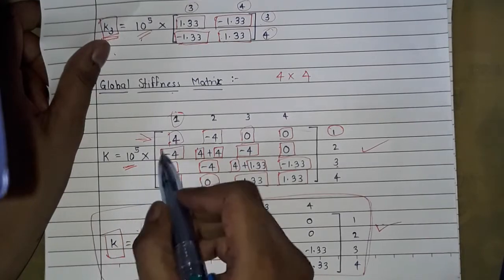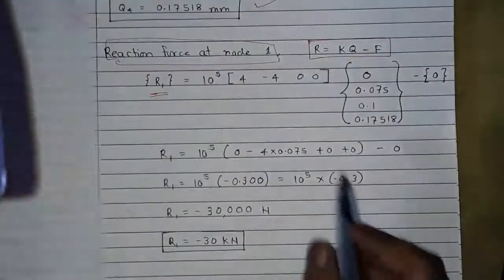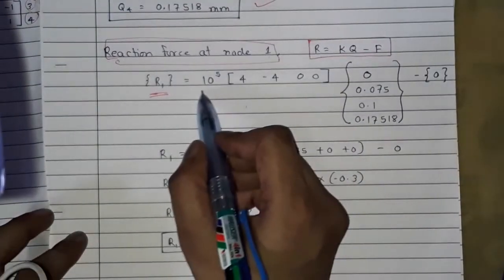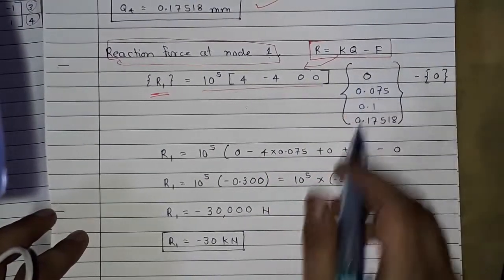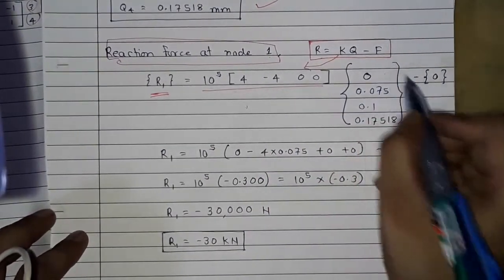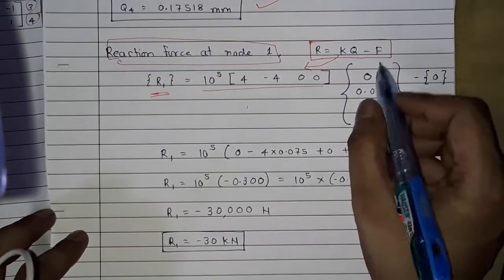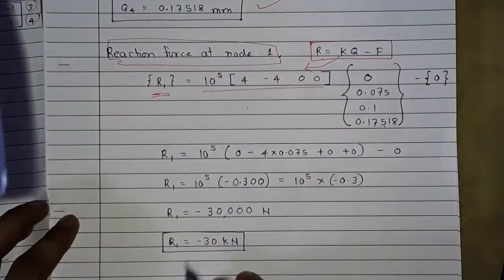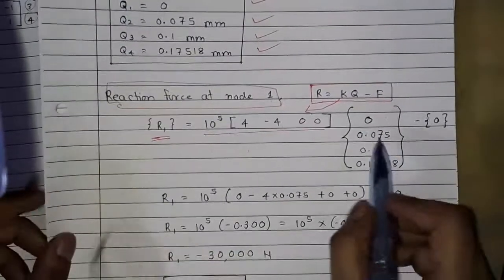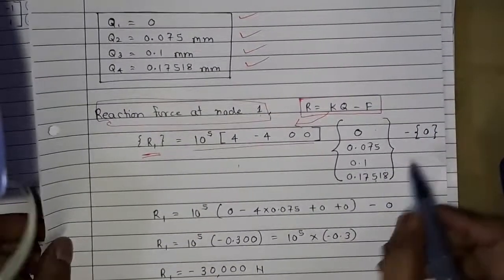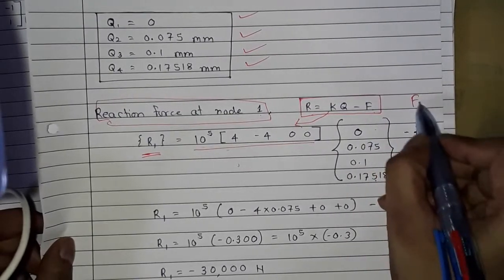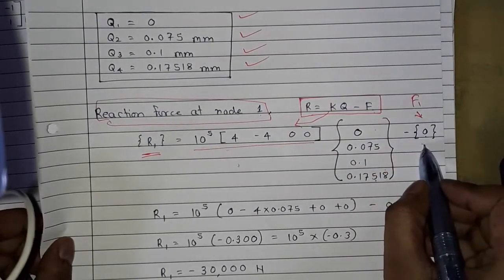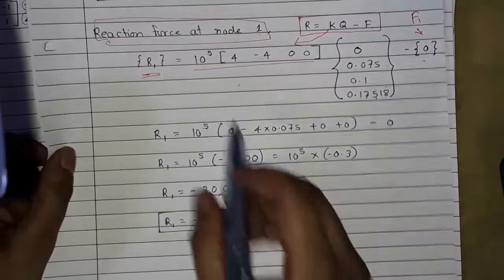10 raised to 5 into this first row. So we put the values here for K. Now Q: Q1, Q2, Q3, Q4, all values we have. After putting in the values and minus F, where F1 in this case is 0, we solve.